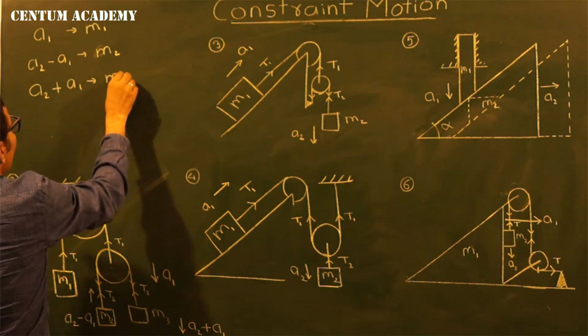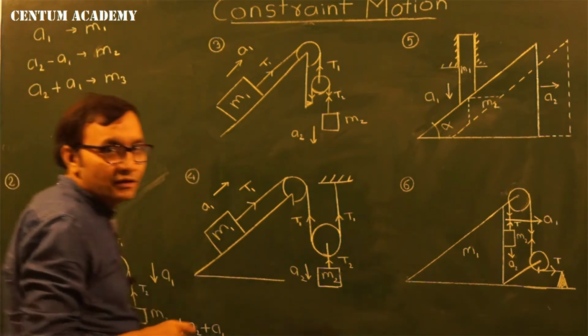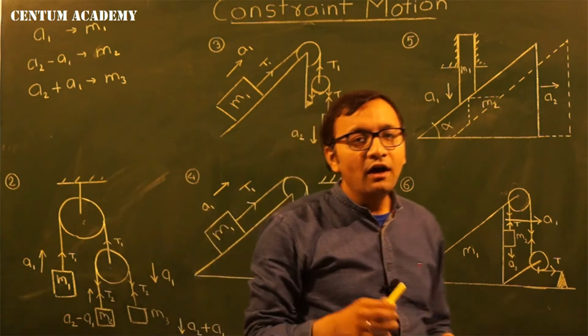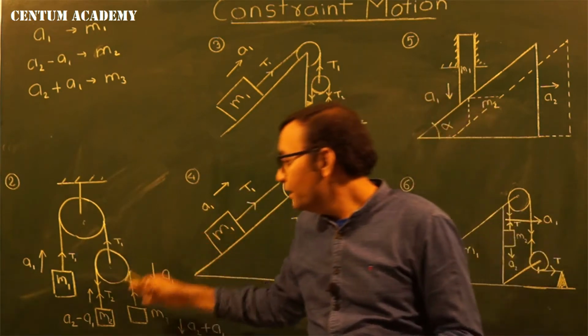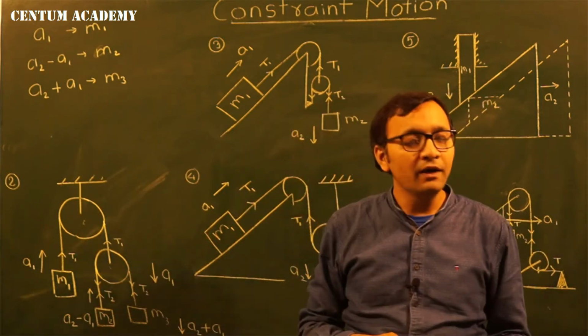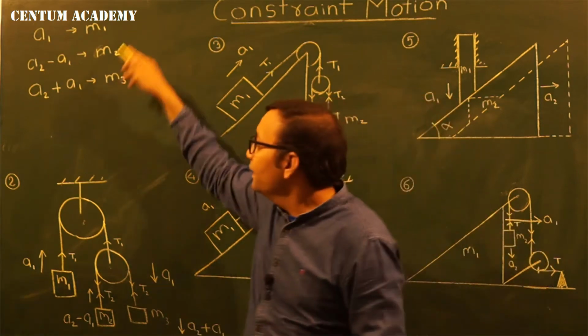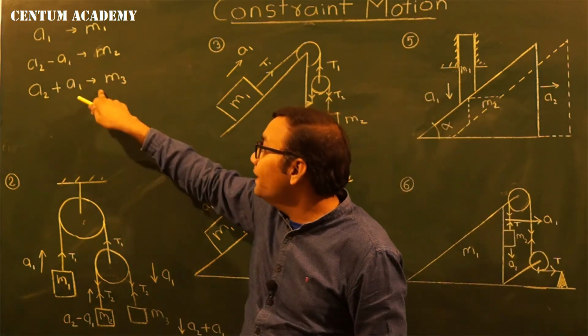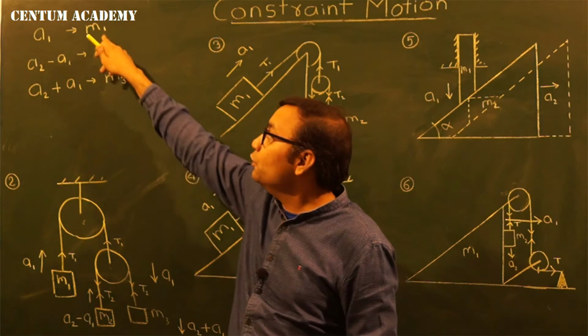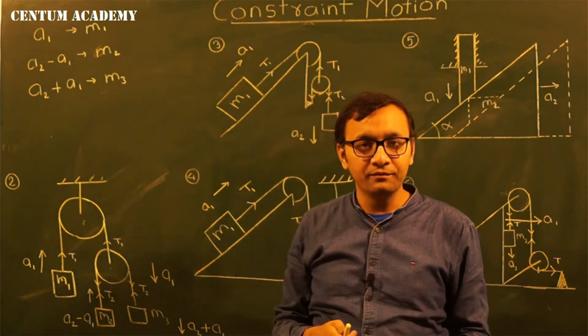Fine. So we have got a relation between the accelerations of the 3 masses. And if you can see, the acceleration of M2 plus the acceleration of M3 is 2 times the acceleration of M1.